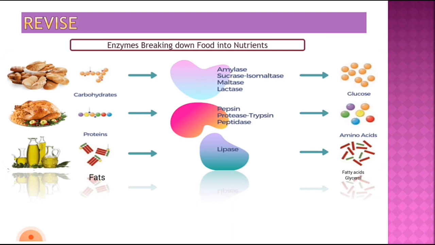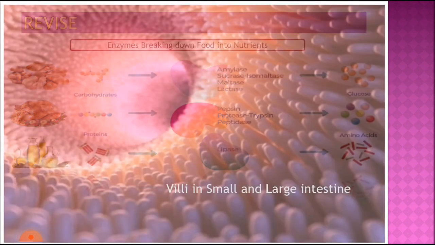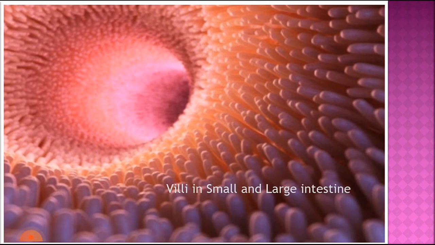Then lipase, which is present in the pancreatic juice, helps in breaking down complex fatty globules into simpler fatty acids and glycerol. Then we have seen that minute finger-like projections called villi are present in small and large intestine, which help in the absorption of nutrients and water from the food.